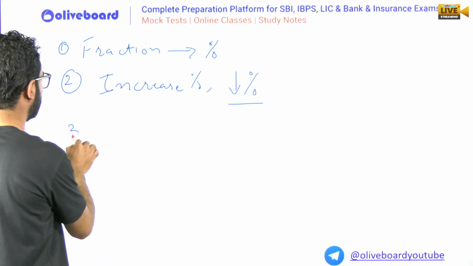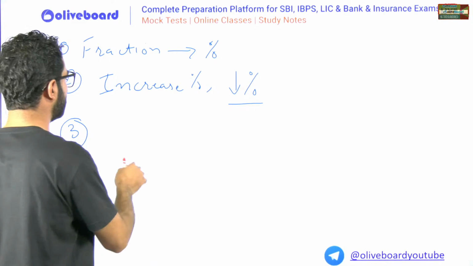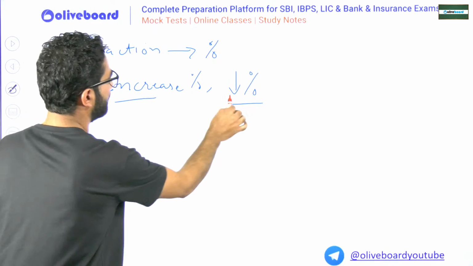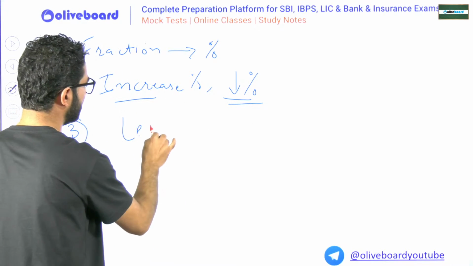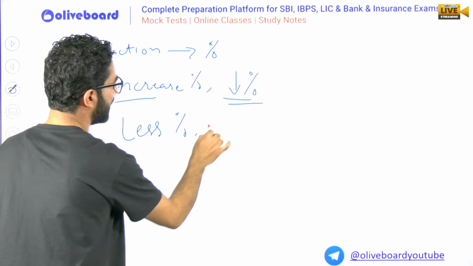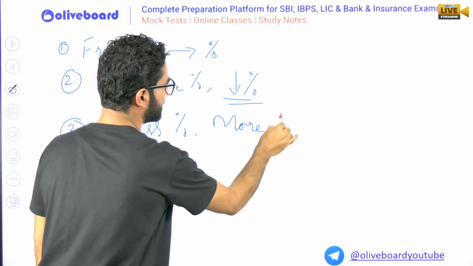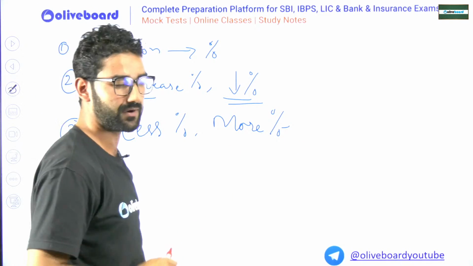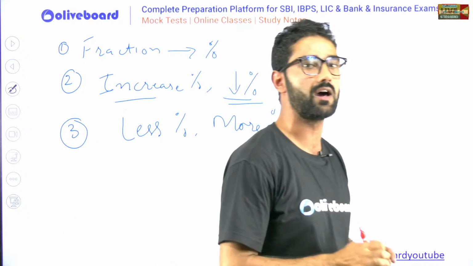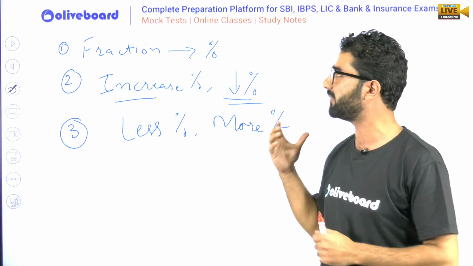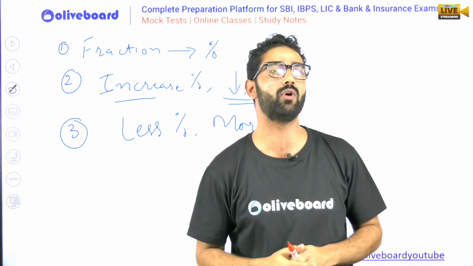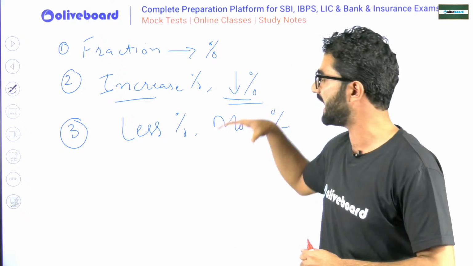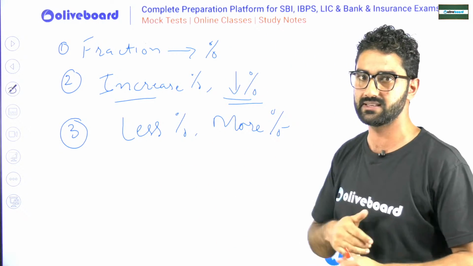We also have to calculate how much increase or decrease it is, less percentage and more percentage. We have classified all percentage questions of IBPS PO, banking PO and other clerk level exams into these 6 sections.